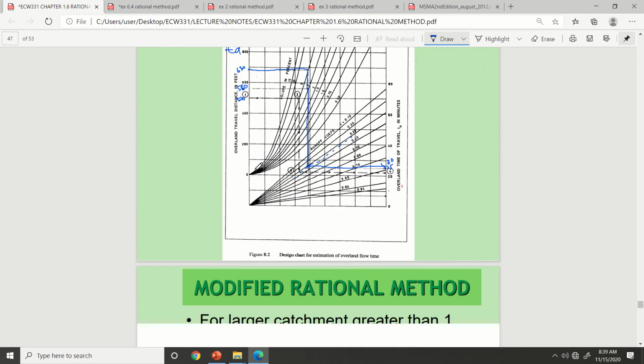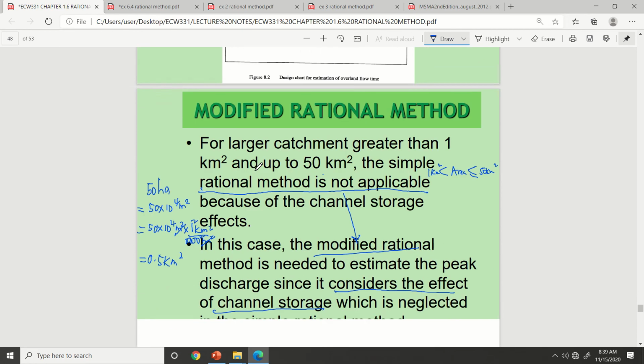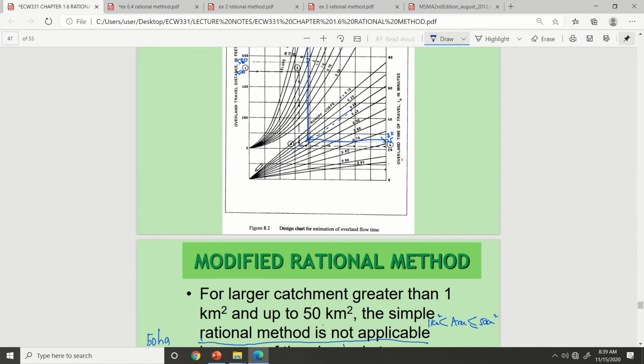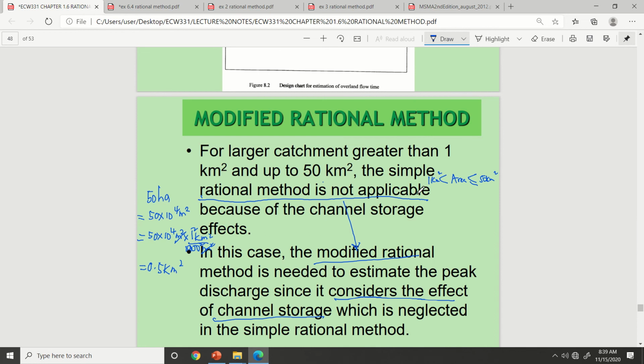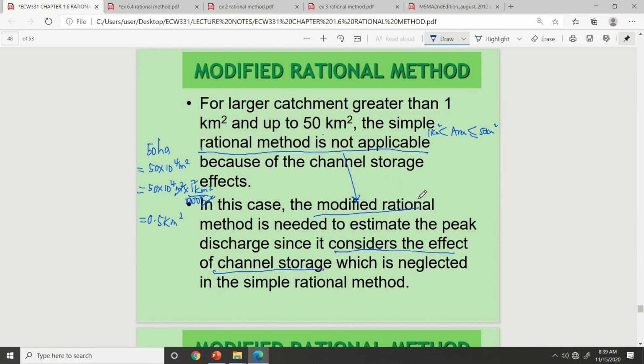You get the peak rate of runoff, and then we learn about the modified rational method. Refer to the statement before: 1.5 or less than 50 kilometers squared, you have to use the modified rational method.